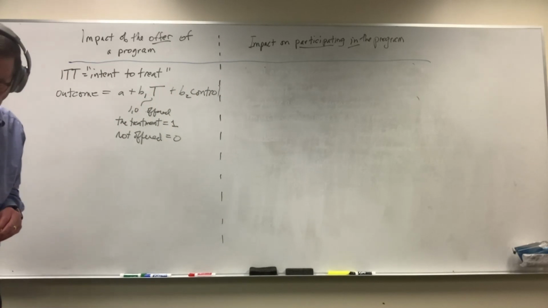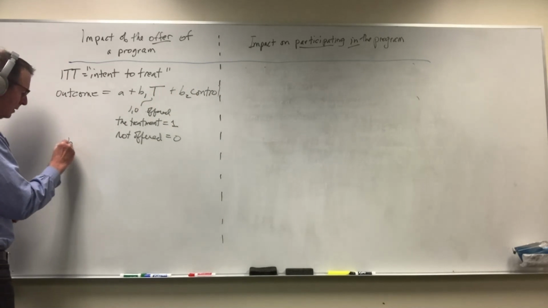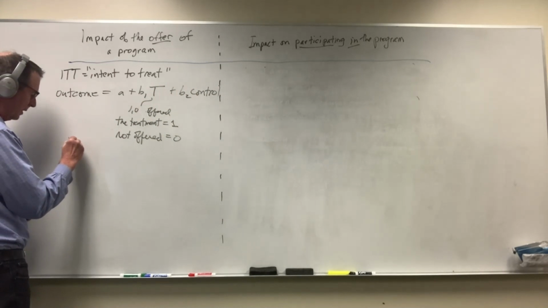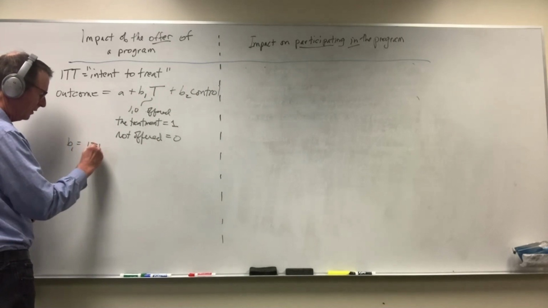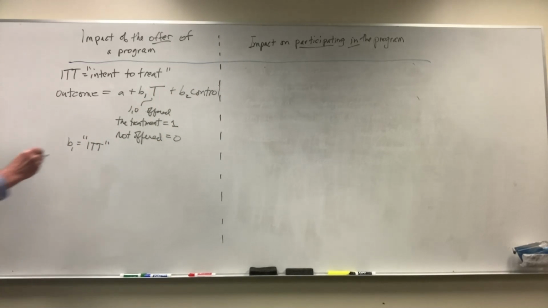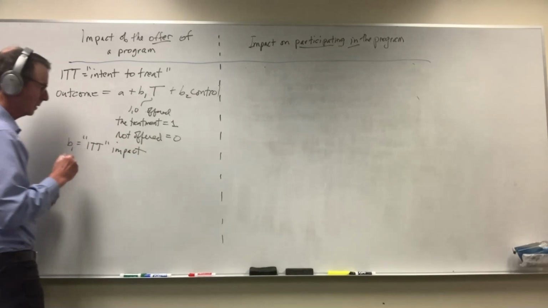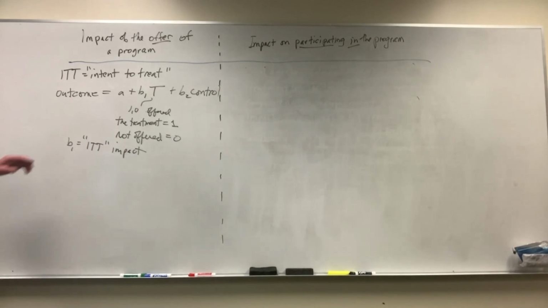Everybody still with me? This gives B1, the ITT, intent to treat, impact of the offer of the program T on the whole population of interest.